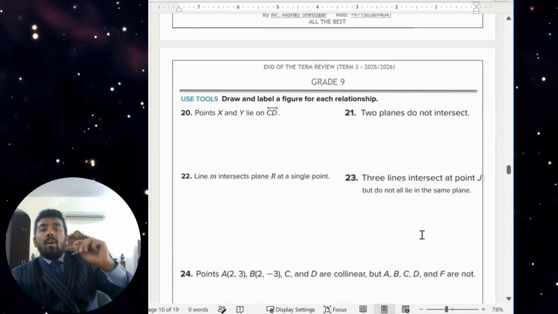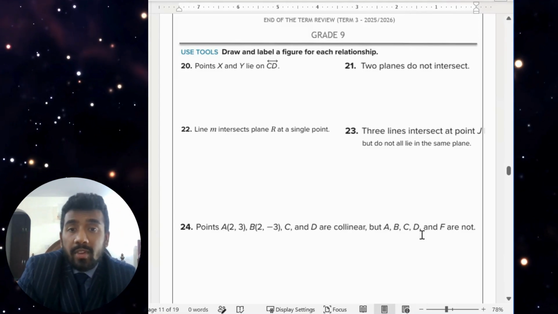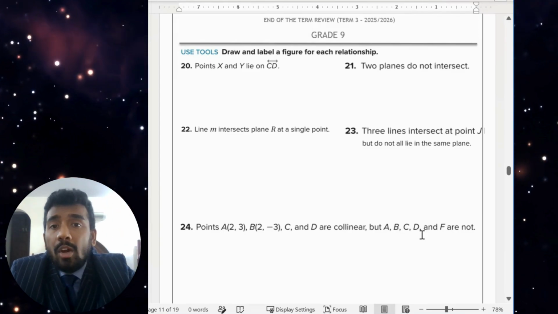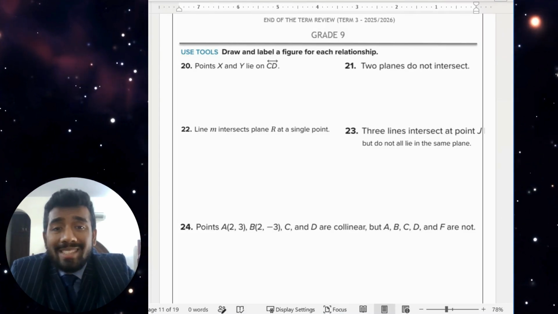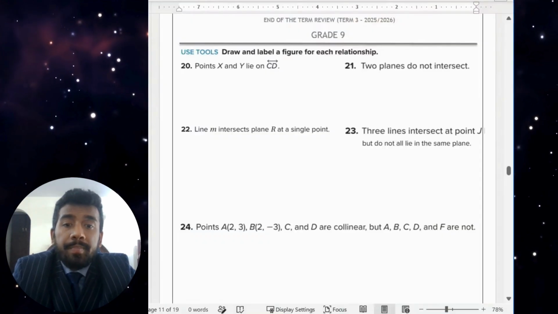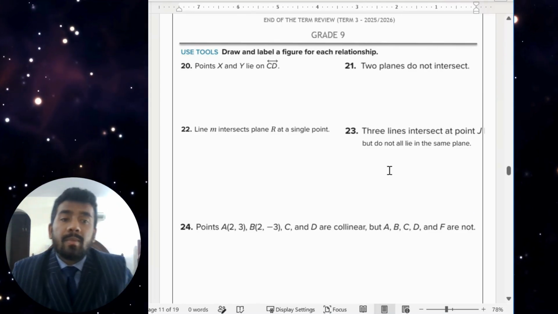That's it. Draw and label a figure for each relationship. Now for each question you have to draw a figure. Now how do you draw a figure? It's very easy. Okay, so let's see.